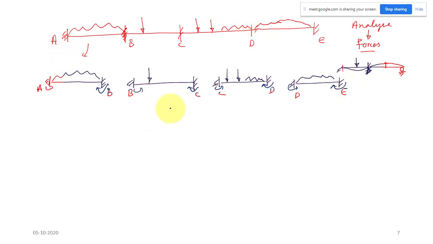We have made the primary structure by making all the rotations 0, and then you analyze the primary structure with external load. Because all these supports are fixed, we can treat the spans individually.